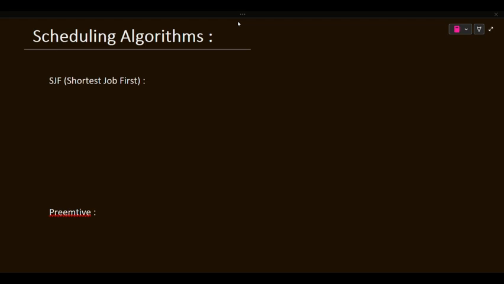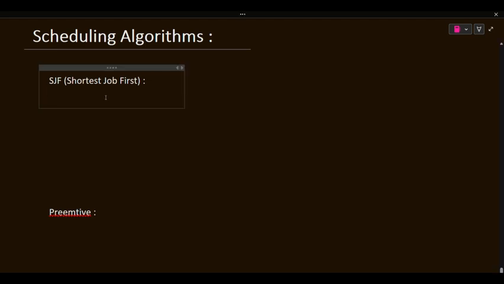As the name suggests, the SJF algorithm is used for scheduling the programs in the order of their burst time. Among the processes present in the ready queue, it selects the process which has the least burst time.